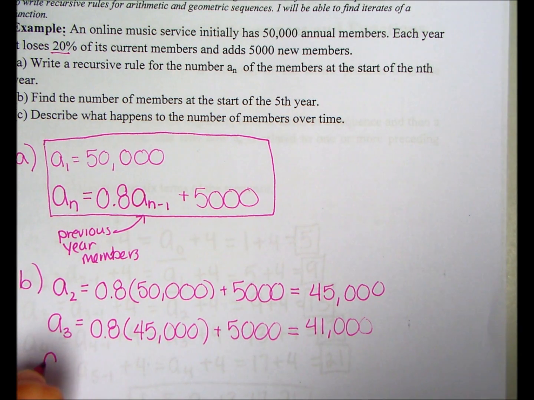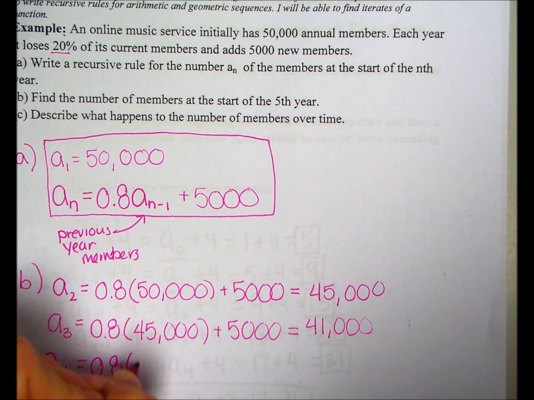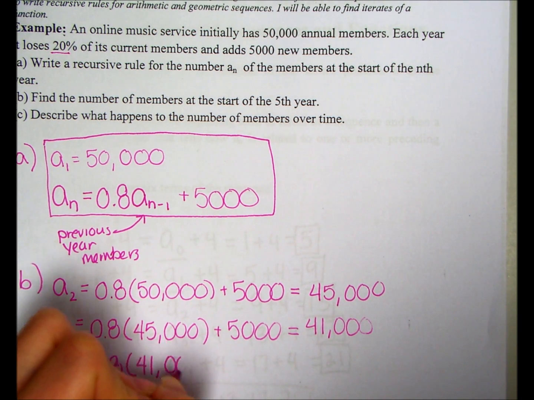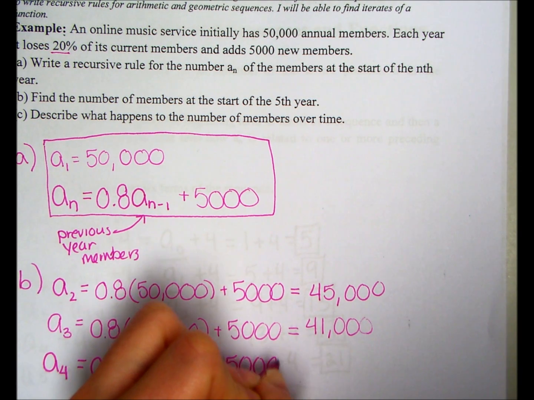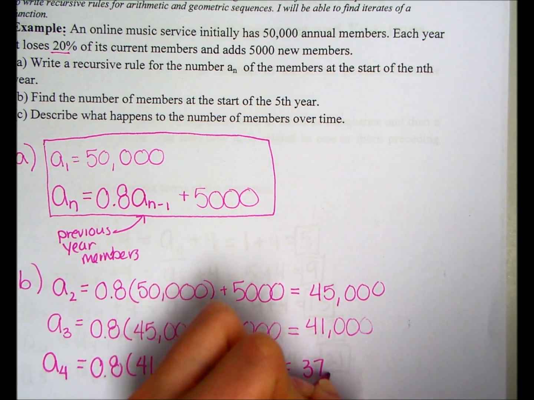And then I'm going to repeat the same thing for A4. 41,000 plus 5,000. And I'm going to get 37,800.